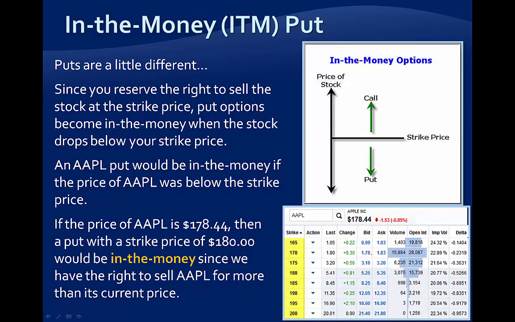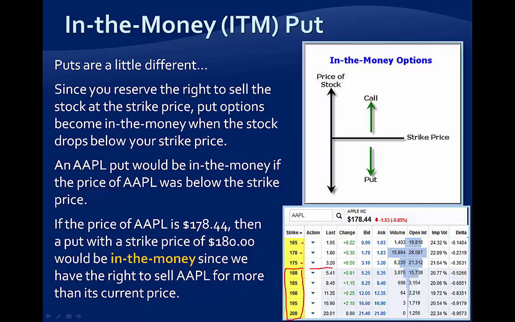Calls are in the money if the strike price is below the stock. Puts are in the money if the strike price is above the stock. So which ones are in the money? Well, the 180 all the way to the 200. These are all in the money, and you can barely see it, but they're shaded in, all of these strike prices. And that means the 175 and the 170 and the 165, they're out of the money right now.